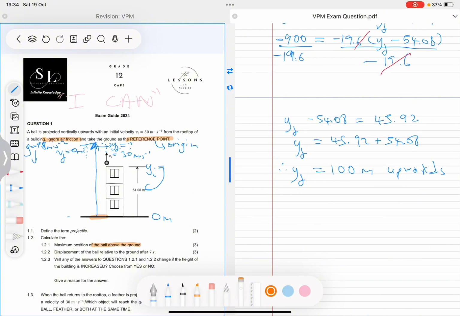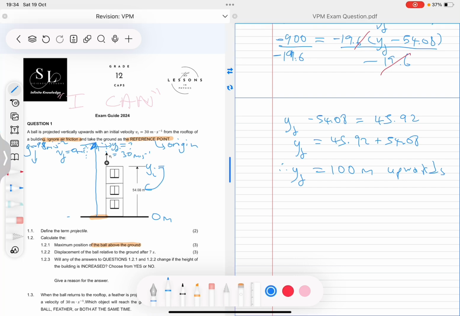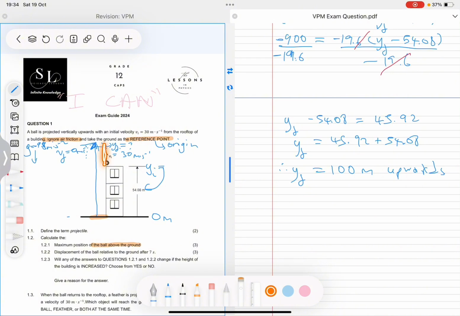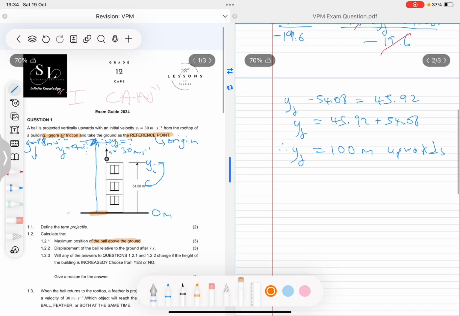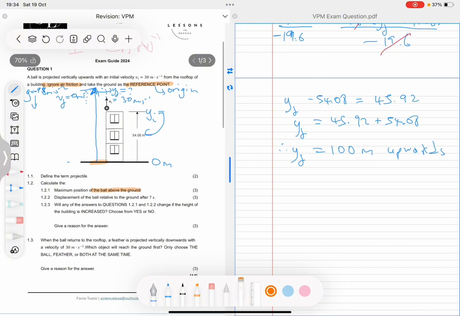If you check this answer, I'm adding 45, which is the height from here to here, to the 54, so it makes sense that we get 100, or a number close to 100, and we expect this answer to go upwards. So that's how we navigate the answer and see if it makes sense. That's how you'll find the maximum position above the ground.